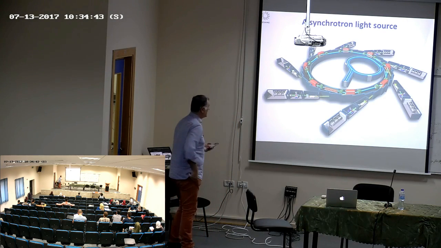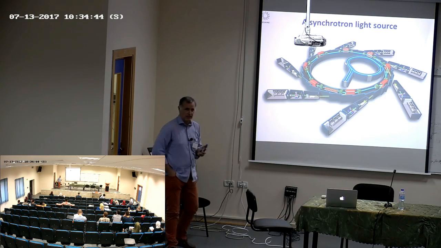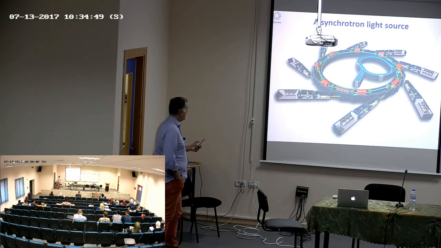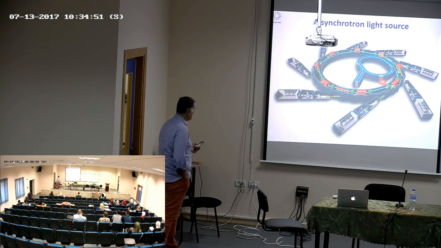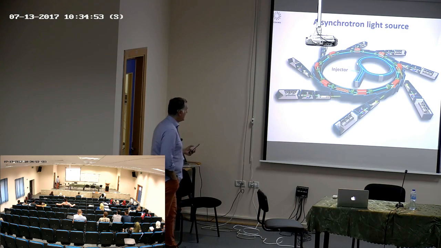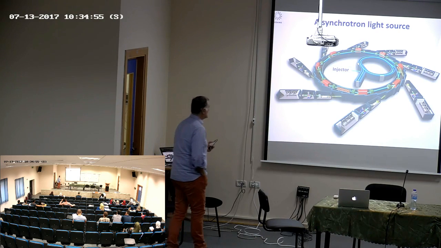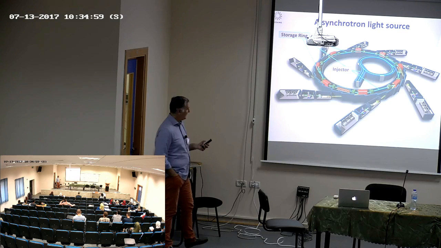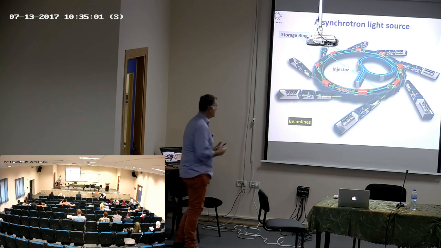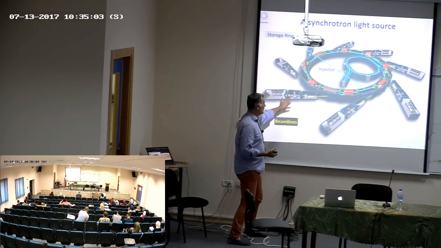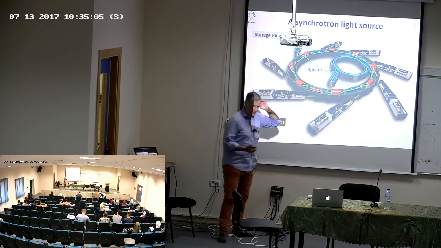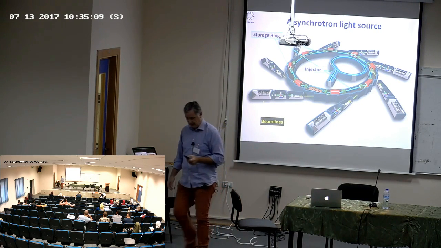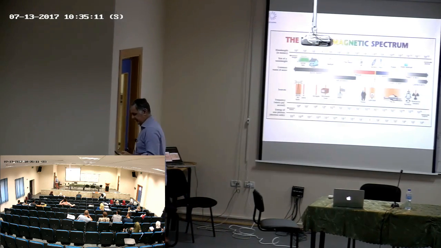Okay, so just a reminder about what we're talking about, which we've seen before. A synchrotron light source has an injector which produces the electrons, which are then sent into the storage ring, and then you get the beamlines. The beamlines are what we're going to talk mostly about, so these are the applications-oriented instruments which we have.